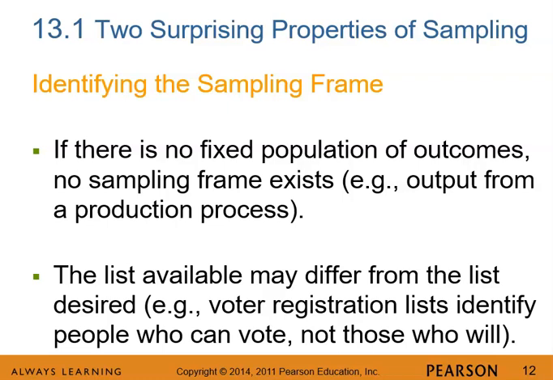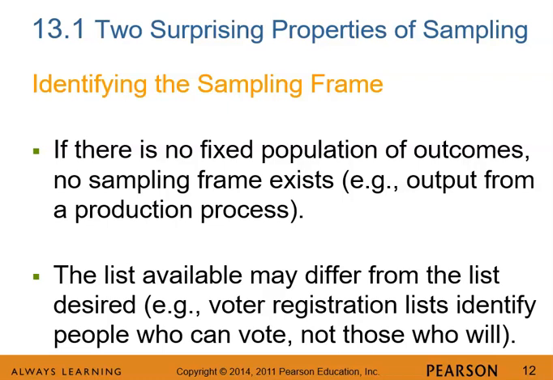And if there is no fixed population of outcomes, in a class case we have a fixed population, but if that's not the case, no sampling frame exists. That's the output from a production process, for example, because these outputs keep coming in and going out, and as a result, they're not always there. The list available may differ from the list desired.